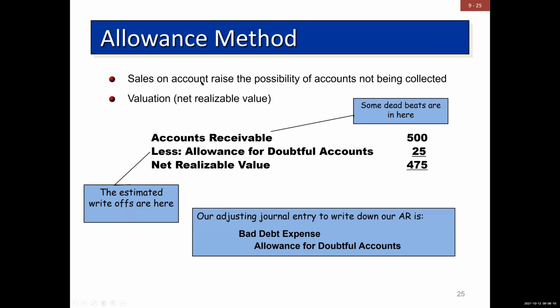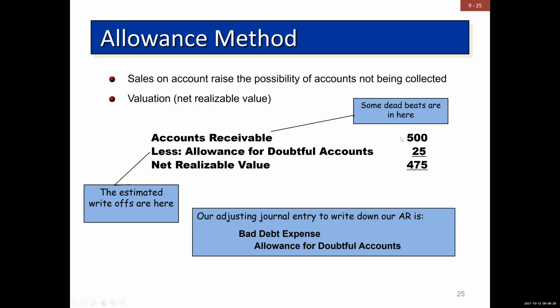Okay, so when we sell on account and we have accounts receivable, we know that some of our customers are going to stiff us money. So there are deadbeats in this amount. We can't really say, hey, we have the asset $500.